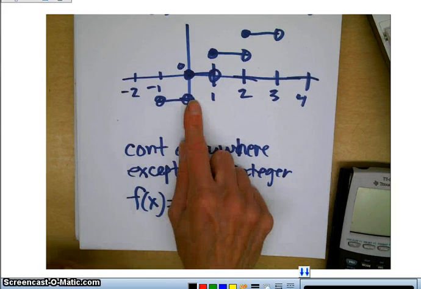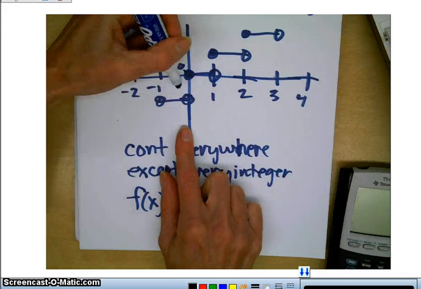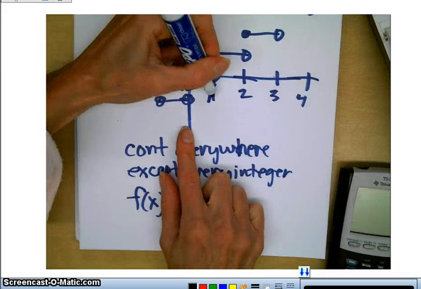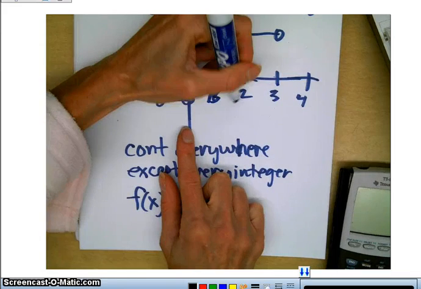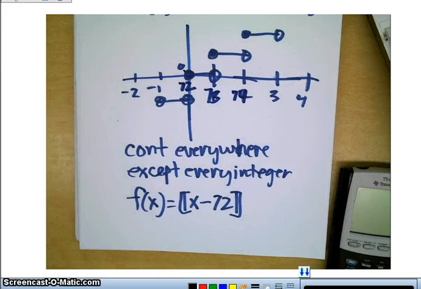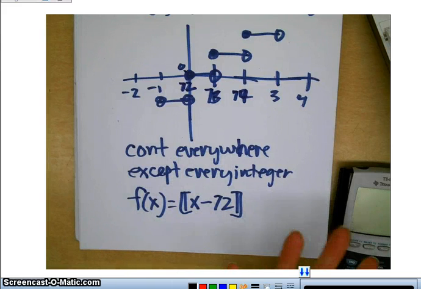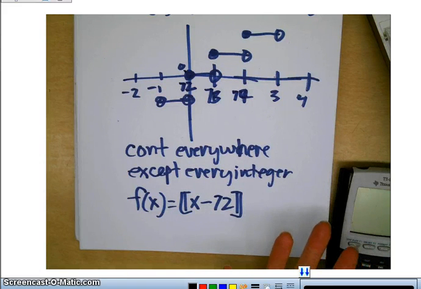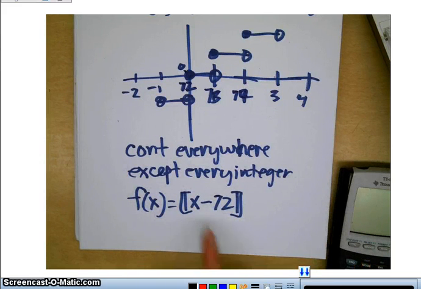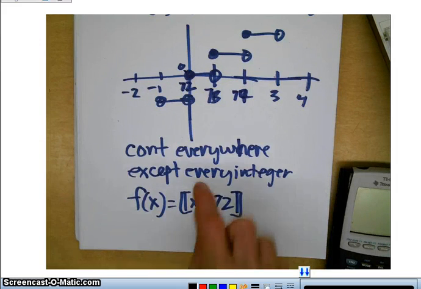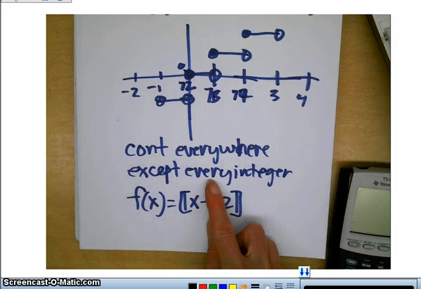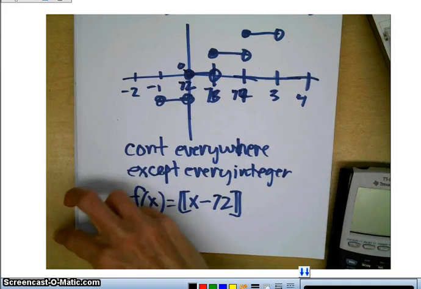Doesn't it still look like this, except this would now be 72, and this would be 73, and this would be 74. Where is it continuous? Everywhere except every integer. It's the same every time. Just because I subtracted 72, what if I added 53 instead? Where would it be continuous then? The same exact thing. It's not hard. All right?